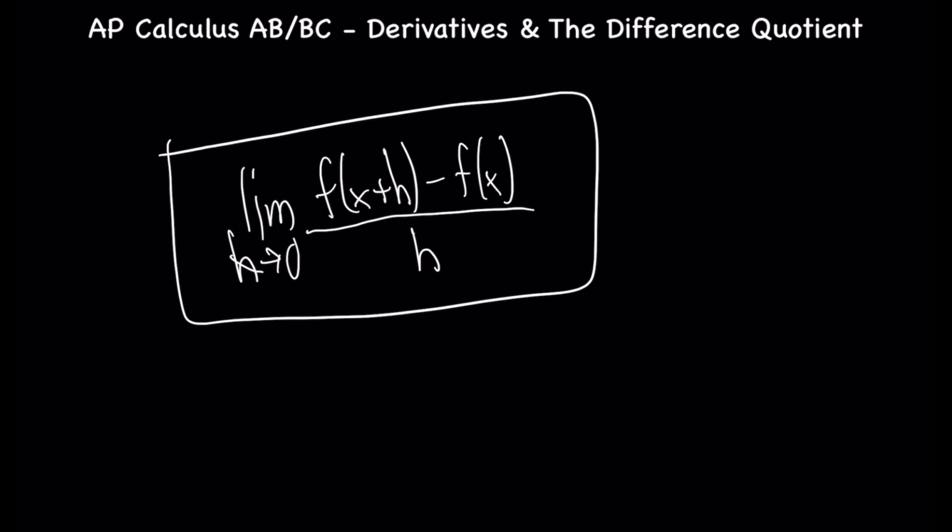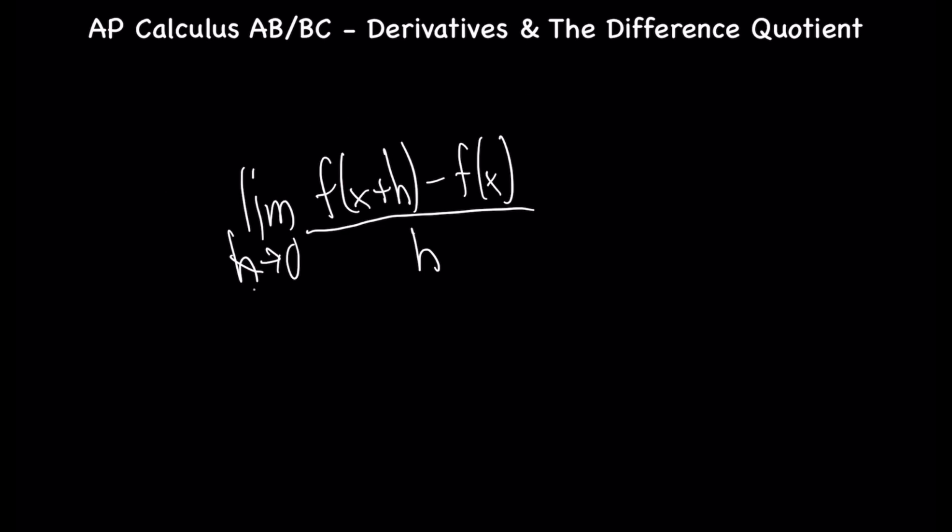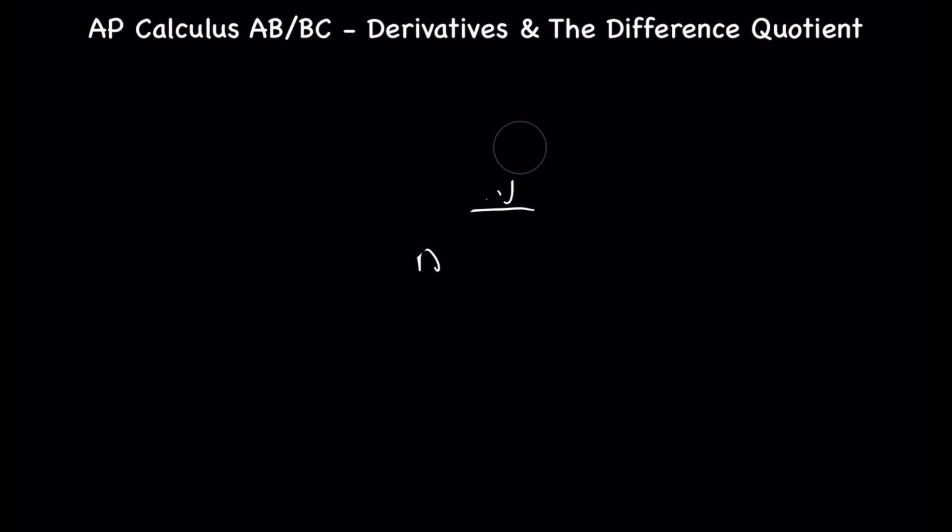It's the limit as h approaches 0 of f of x plus h minus f of x, divided by h. This may sound very foreign so far, but let's go over an example first.